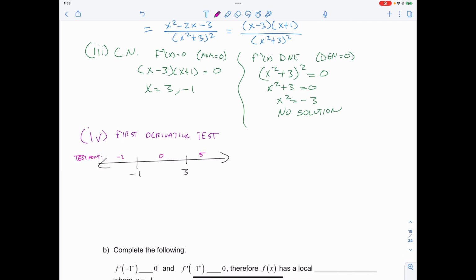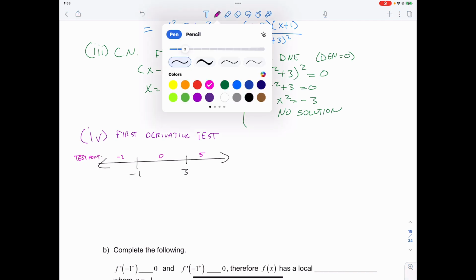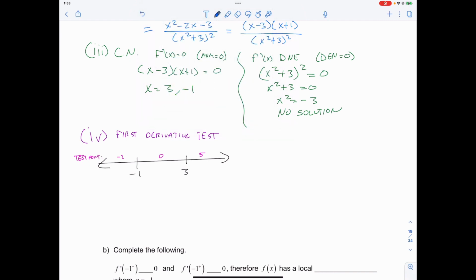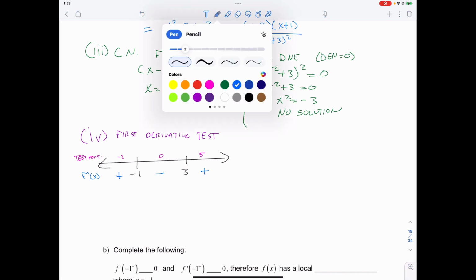Now, when I sub those back into my derivative, what am I going to find? When I put in negative 2, 0, and 5, f prime of x is going to wind up being positive, then negative, and then positive. What does that mean for my f of x?